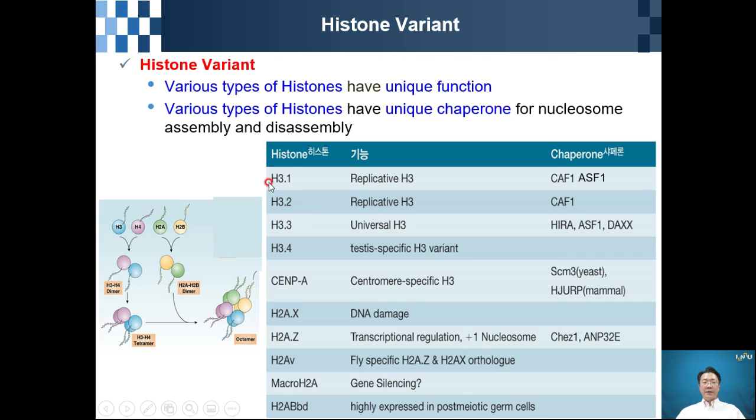For example, histone 3.1, 3.2, 3.3, and CENP-A, and H2AZ, and there is macroH2A. Okay. So various types of histones have unique functions, and also various types of histones have a unique chaperone for their nucleosome assembly and disassembly.